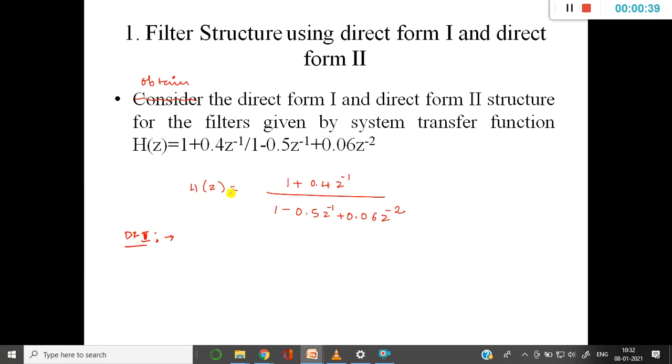Now this H of z is simply replaced, or we try to write this as H1 of z into H2 of z.